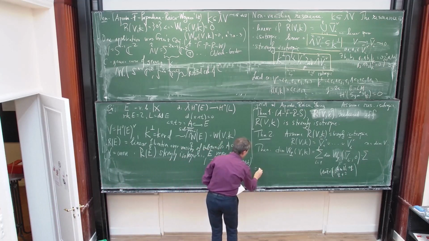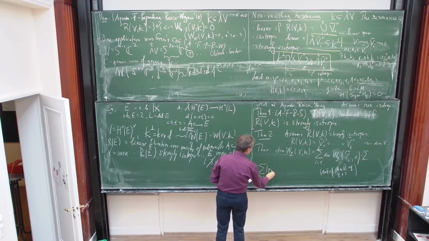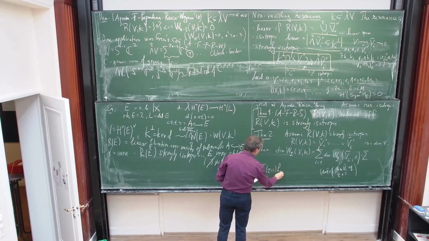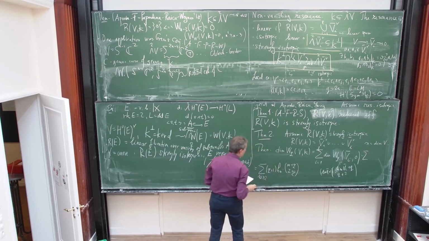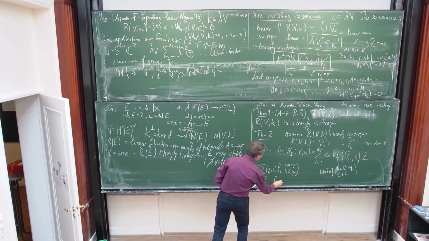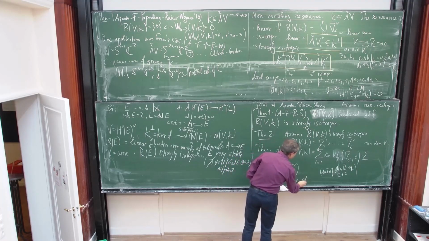And I can reformulate this also like this: it is the sum from m greater than 2 of q plus 1 times h_m times m plus q choose q plus 2, where h_m is the number of components of dimension m.